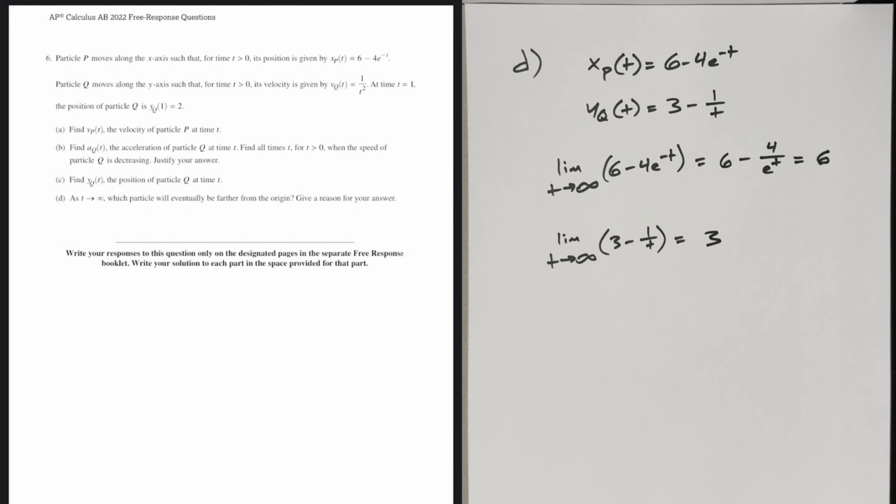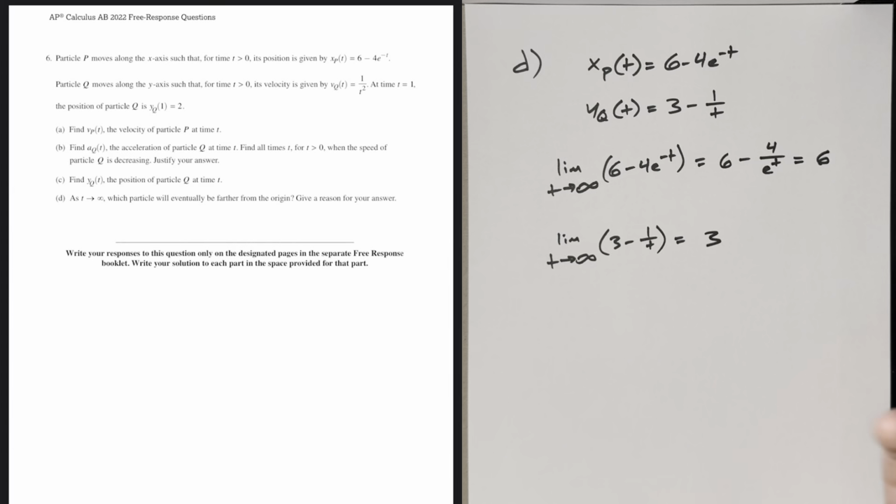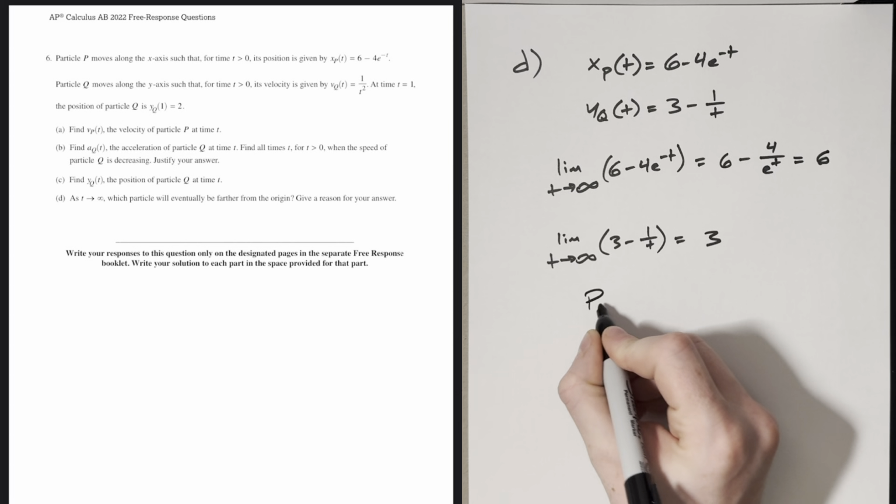So as t approaches infinity, particle P is going to approach x equals 6. Particle Q is going to approach y equals 3. So which one is further from the origin?